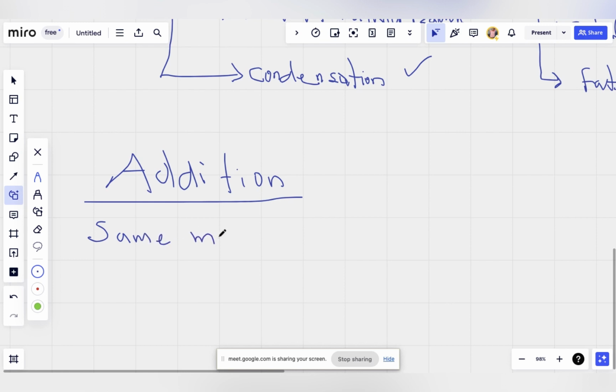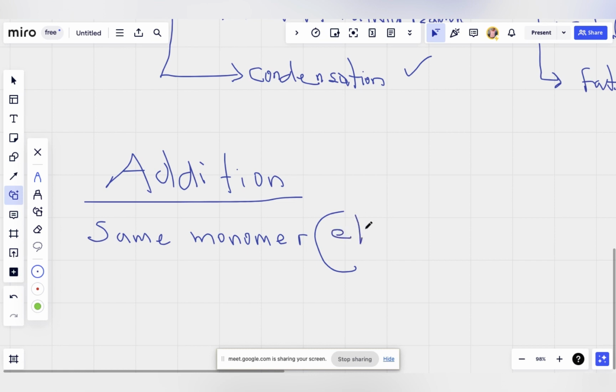A good example is ethene, the same monomer added onto itself to form a giant macromolecular structure. We put the monomer in brackets. A good example of the monomer is ethene.